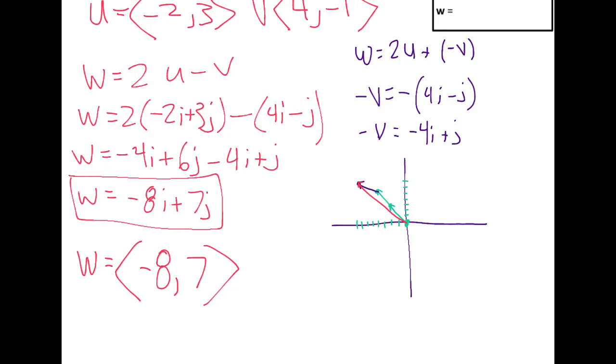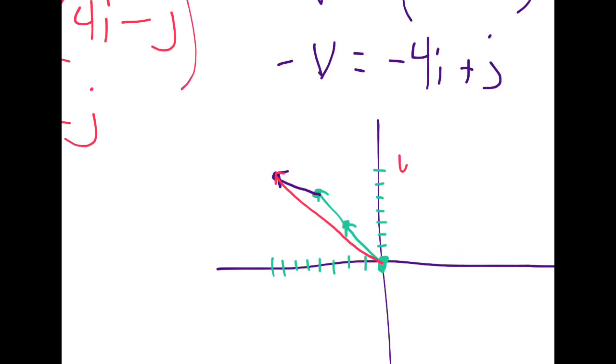And we get that pink resultant right there, which is w, which is 2 times our vector u, plus a minus v. And then that shows you each of those pieces. There's your minus v, and then there's our u and our u, and then there's our vector w right there.